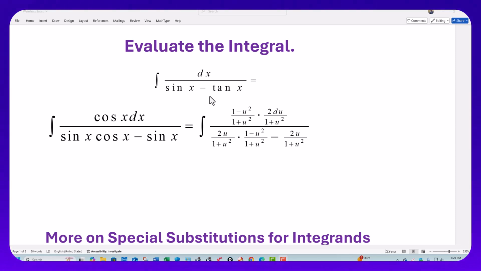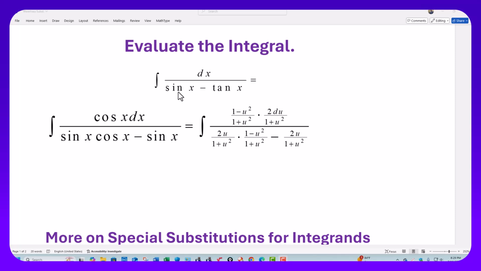Now I said it works best if you just have sine of x and cosine of x. Just to give an example of one that doesn't have those situations, you have sine of x in the denominator minus tangent of x. So all we did here is put it in terms of sine and cosine, because those are what the formulas are for. I multiplied the tangent of x here by cosine.